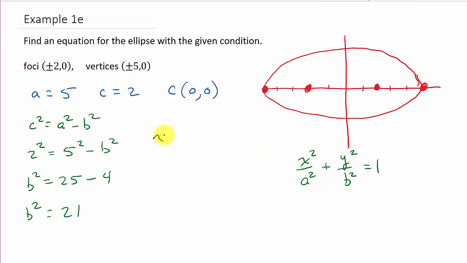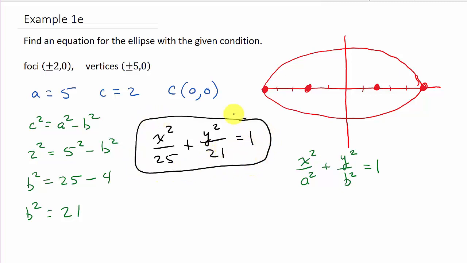Our solution would be x squared over a squared, 5 squared is 25, plus y squared over b squared, b squared is 21, and that equals 1. And there's your equation. I hope that helped.